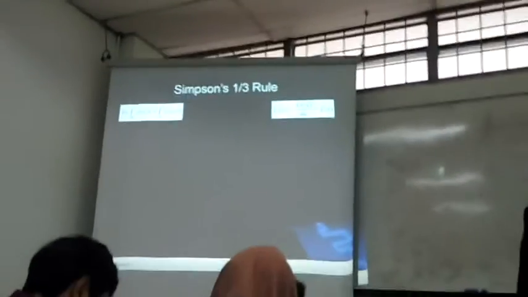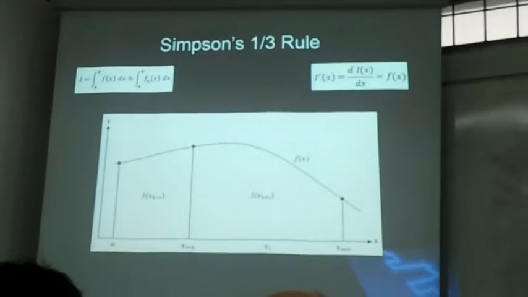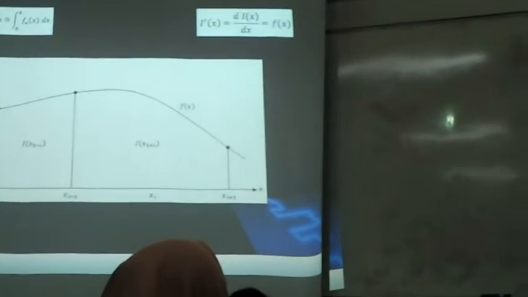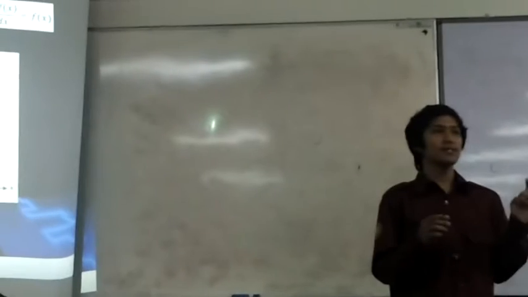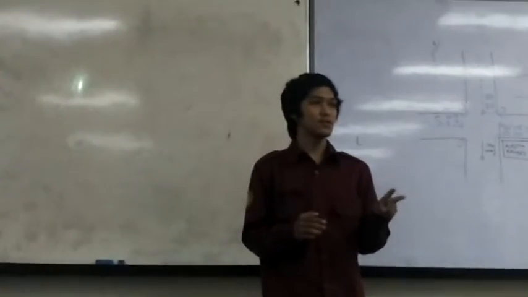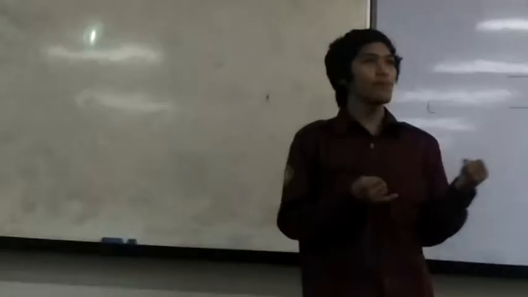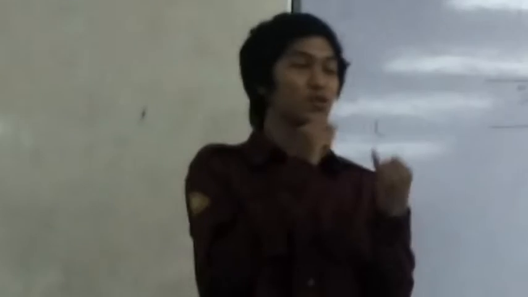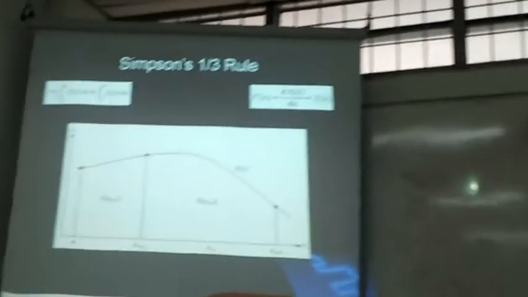Simpson's 1/3 rule is the same as the trapezoidal rule, but trapezoidal has order one and Simpson has order two. So at least trapezoidal must have two points, and Simpson has three points. And the equation of Simpson's is like this.